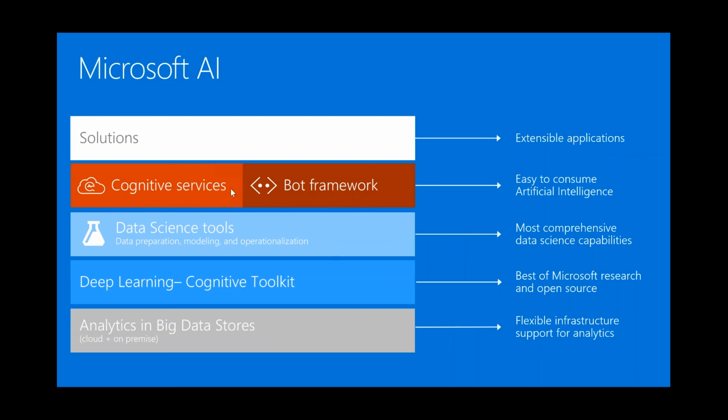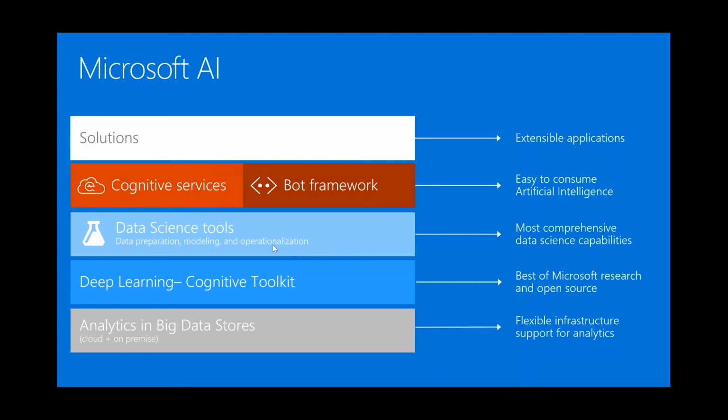We'll delve into cognitive services a bit. We have tools for data science, from data preparation and modeling to operationalization. You have something like a data science VM and Azure Machine Learning Studio, which helps your data scientists build models very quickly and iterate on them from an experimentation point of view.